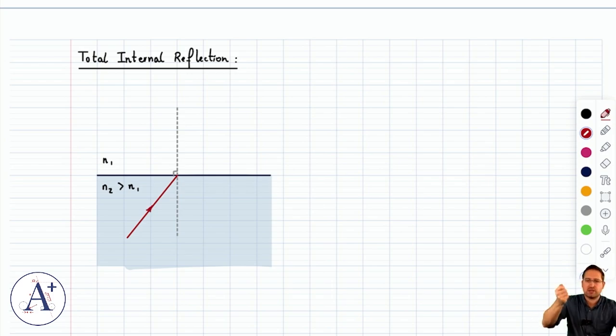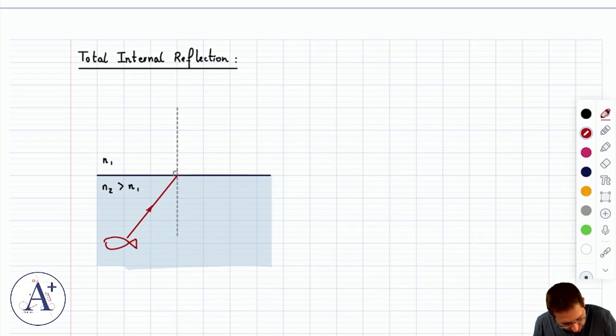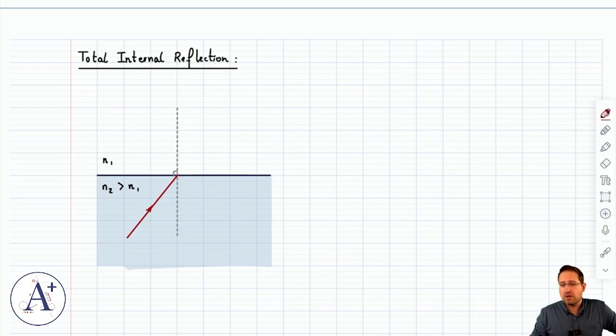Maybe you shine a laser underwater, or there's an object, a big shiny fish right here, and you see the light coming off the fish. This light hits the interface between air and water, and because n1 is smaller than n2, it will bend away from the normal as it exits, and it will speed up. Geometrically anyway, it's going to bend away.